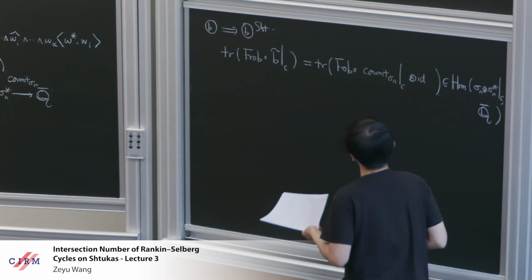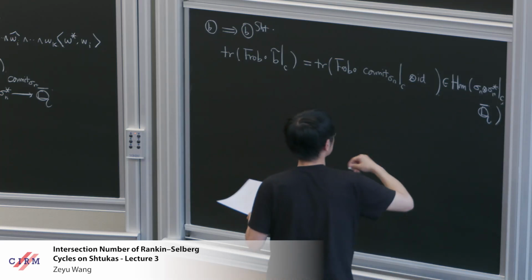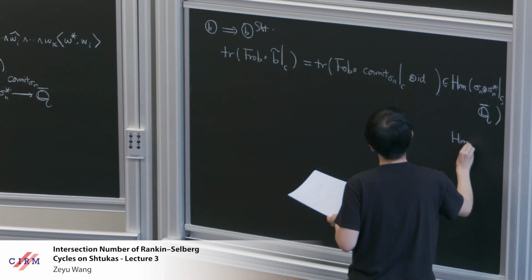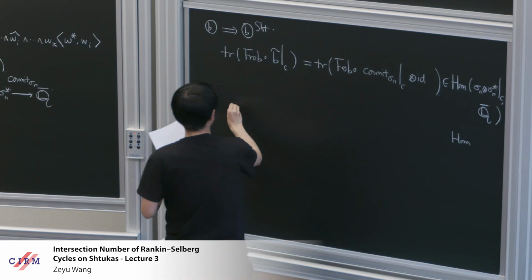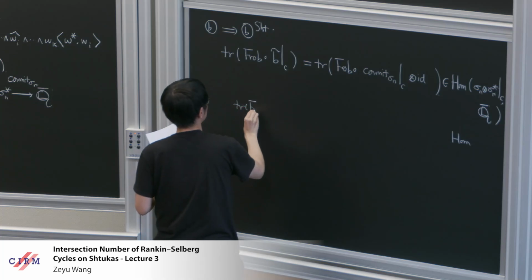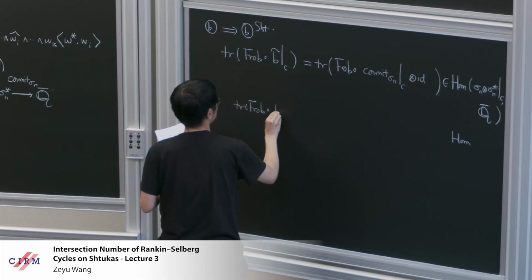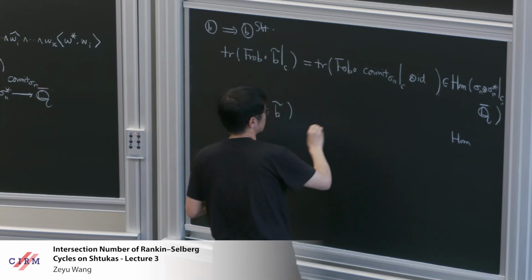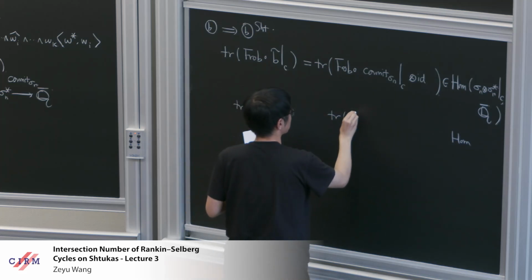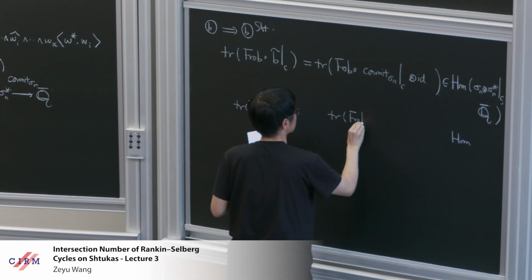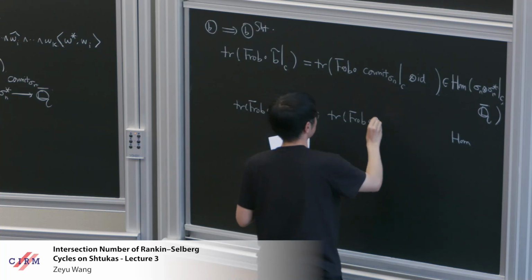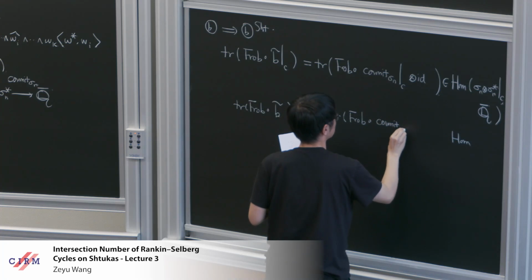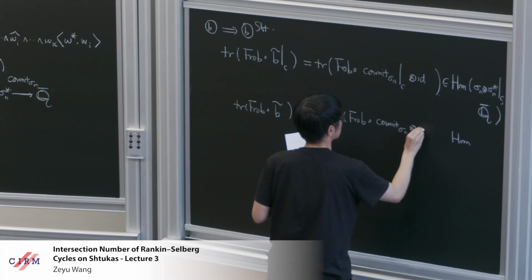Right, but what I really want to study is the trace of Frobenius composed with B tilde. This is what I really want to study, and I want to compare it with this easy one, Frobenius composed with co-unit of sigma n times identity.